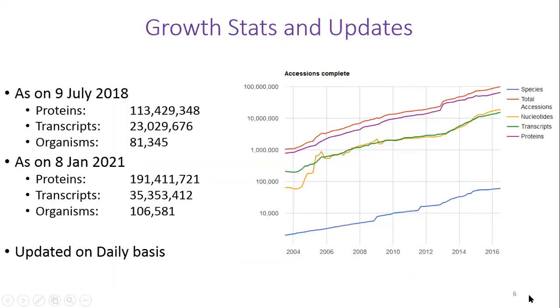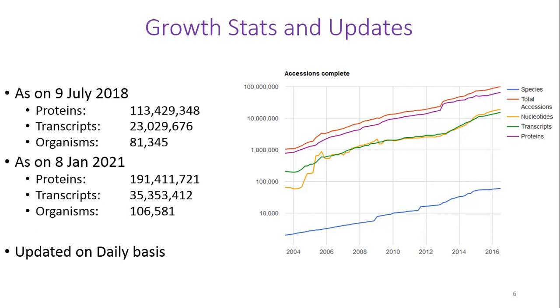Okay, now let us talk about the growth statistics and updates of our reference sequence database. Now the graph that you see over here is the one taken from 9th July 2018. You might have attended the lecture on GenBank, in which you might have seen a graph which shows exponential growth of the sequences that are deposited at GenBank.